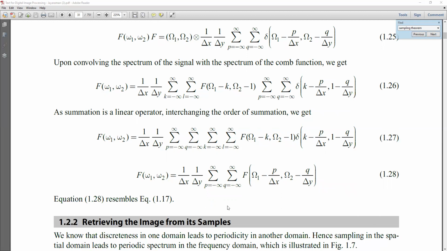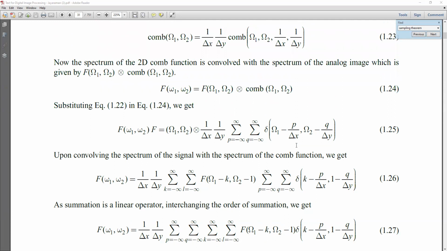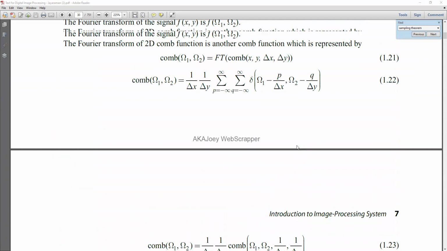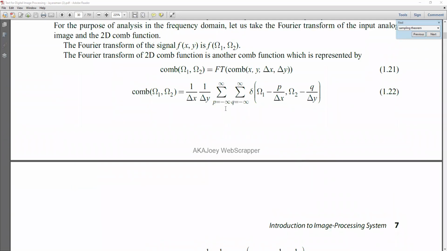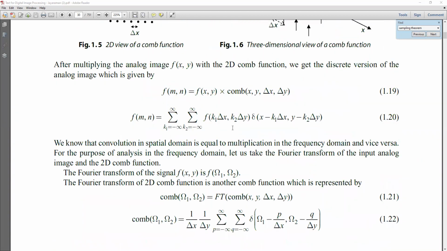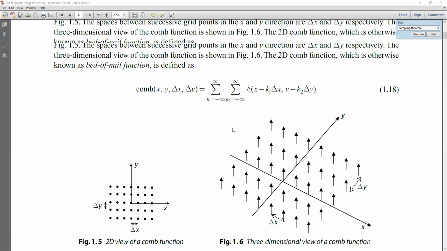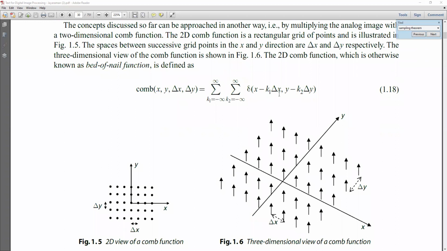Expression for the sampled image. This is 2D sampling. So omega 1 minus p by delta x, omega 2 minus q by delta y. This will be your final expression. In the other method, which was explained initially before this, here also we arrive at the same equation over here. Del of x minus k1 into delta x, y minus k2 into delta y.